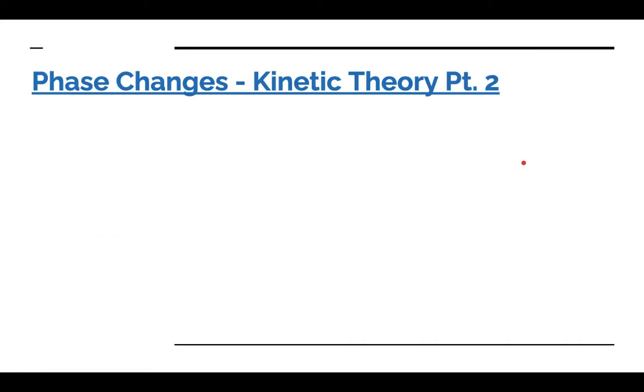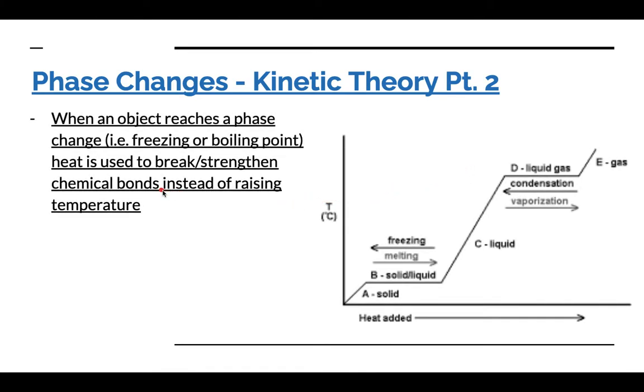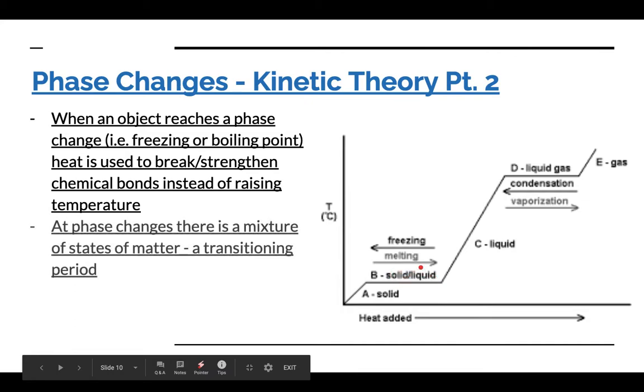So phase changes in kinetic theory, part 2. When an object reaches a phase change, i.e. a freezing or boiling point, heat is used to break chemical bonds, intermolecular bonds, instead of raising temperature.